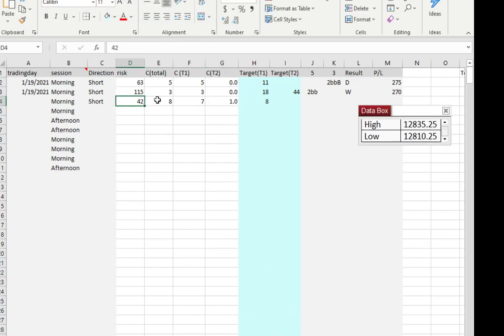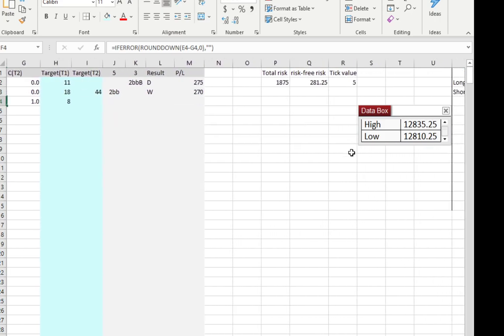Basically, I risk 42 ticks. I just need to get 8 ticks, and I will be break even on the trade. And then I'm going to hold one contract, rolling. So really, in that small 8 ticks with 7 contracts, I'm getting rid of 7 at 8 ticks in my direction.